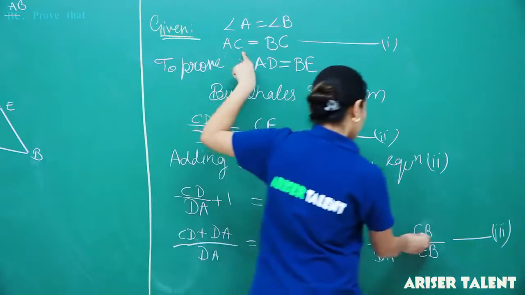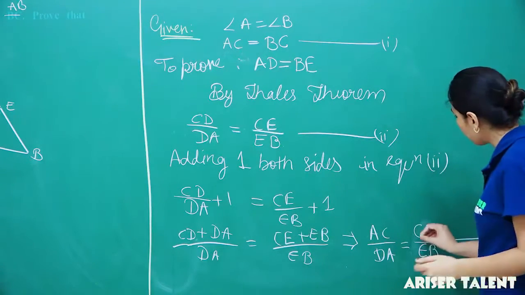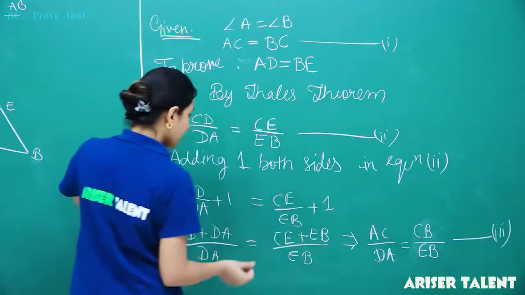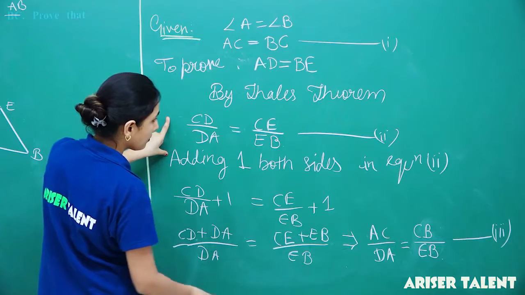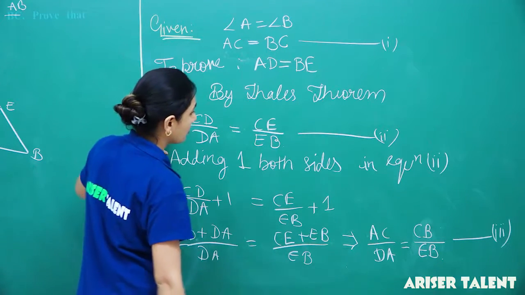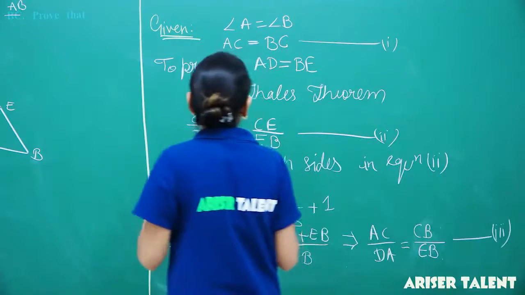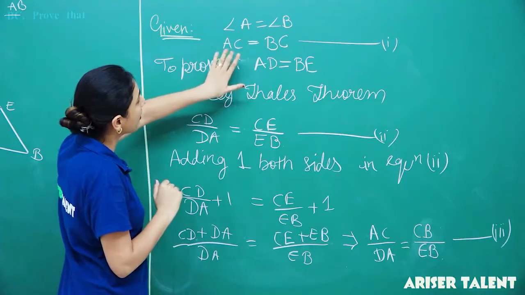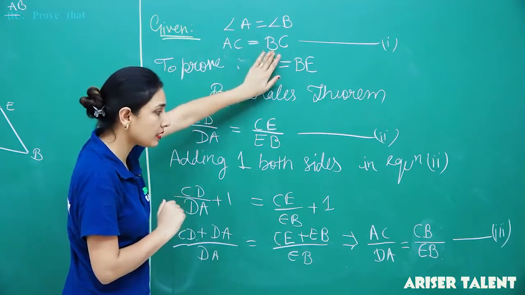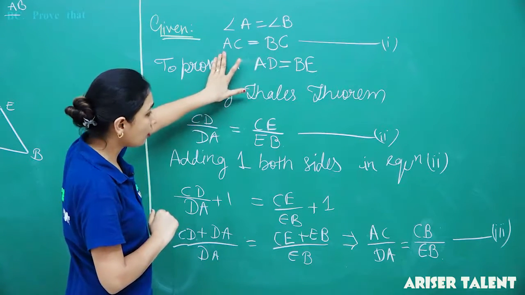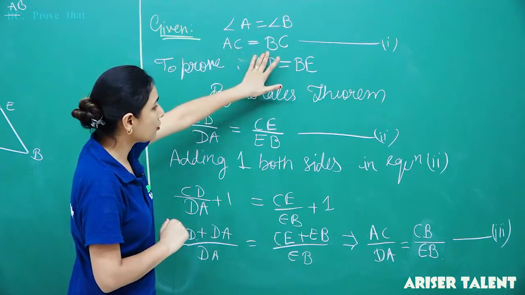So if you replace it here, it will become AC by EB. Okay students, here we are having AC equals BC. So can we put BC in the place of AC or AC in the place of BC?